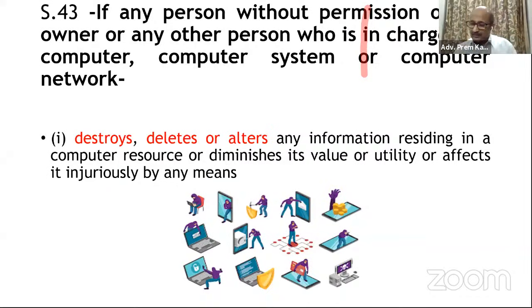It could happen right from 43B. At the same time, it could also happen where you gain access. So it could have multiple situations where it destroys, deletes, or alters any information. It could also happen coupled with section 65, which we just mentioned with regard to source code. But how and what it could do, where it diminishes its value or utility.